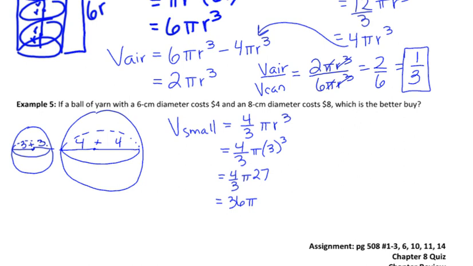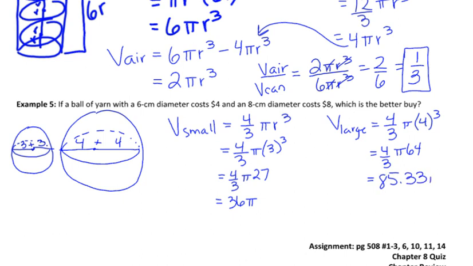That is the volume of the small sphere. Volume of the large sphere, 4 over 3 pi r cubed when my radius is 4. 4 cubed is 64. We get 85.33 pi for my volume.